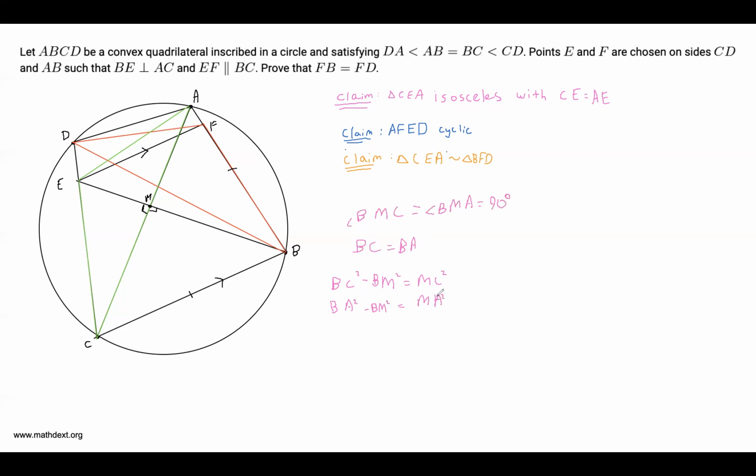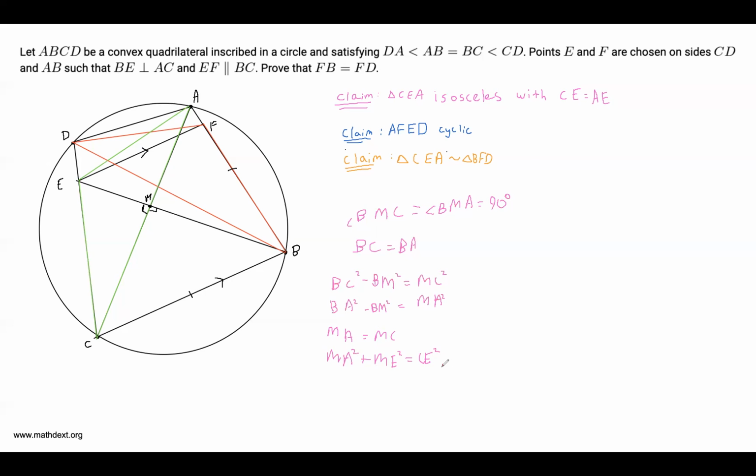But since BC equals BA, we have MA equals MC, right? And it follows that M is the midpoint of AC. And similarly, since this angle EMC and this angle EMA are both right, we have MA squared plus ME squared equals CE squared.